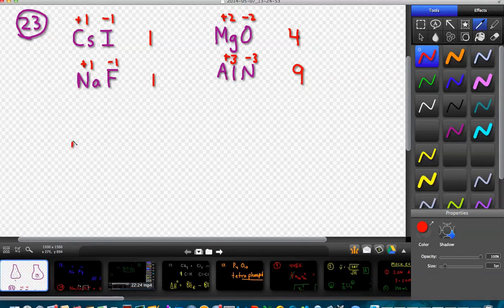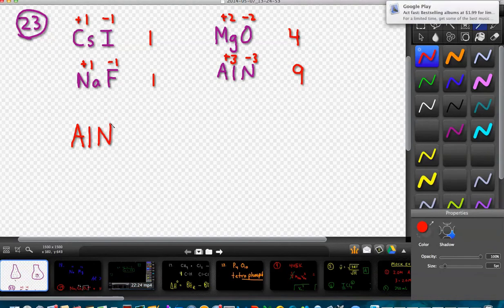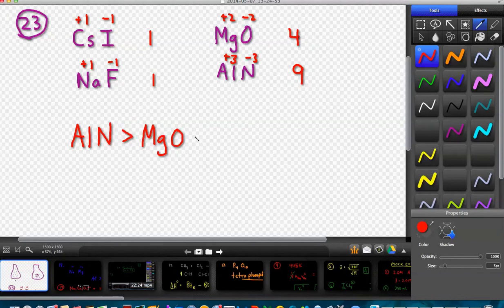So that means aluminum nitride, and the reason we do it this way is because the charge has a greater impact than does the spacing between the ions. So we know that aluminum nitride has a greater melting point than magnesium oxide, and magnesium oxide has a greater melting point than both NaF and CsI.